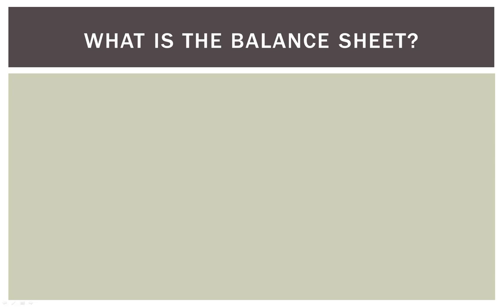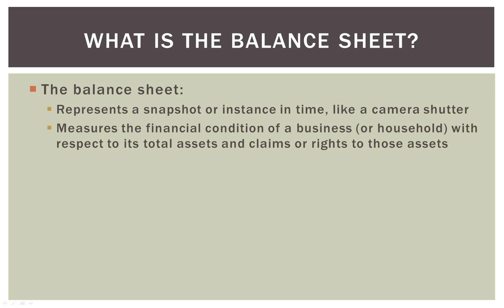So what is the balance sheet? Now, unlike the income statement or the retained earnings statement, the balance sheet represents a snapshot or instance in time, kind of like a camera's shutter. You press the button on the camera, it clicks, and you capture that moment in time. The income statement and retained earnings statement are more like a video that captures the change in the financial condition over a longer period of time.